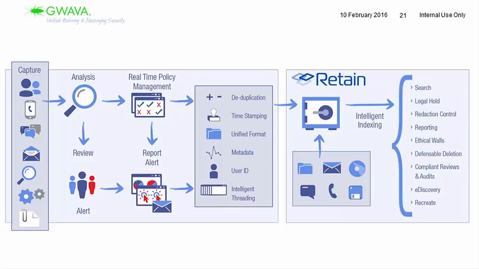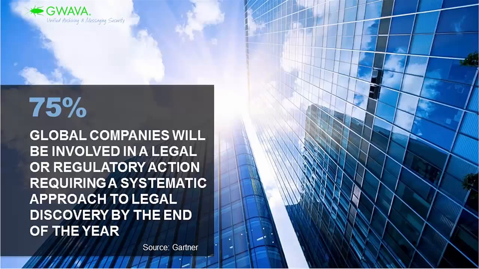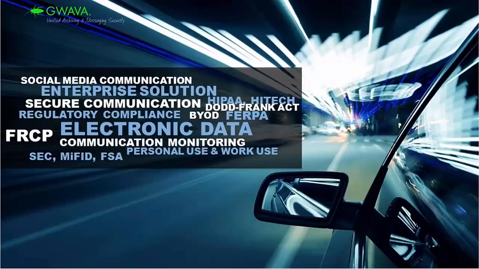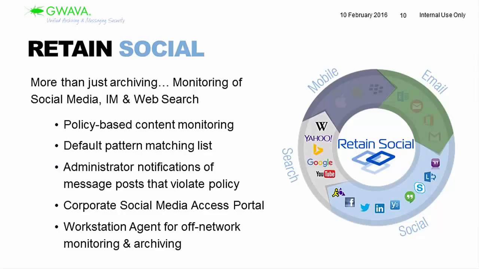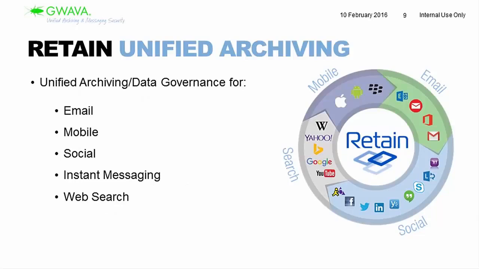That's the big play that we have when it comes to the unified archive. Let's go back to that slide here. There are two big things that we'd like to talk about. Number one is that unified archive. Retain archives multi-platform email.